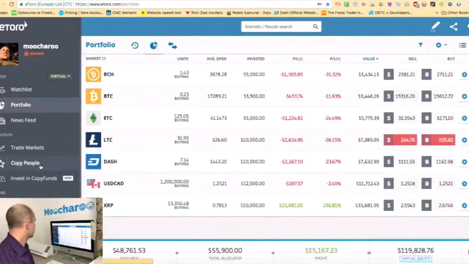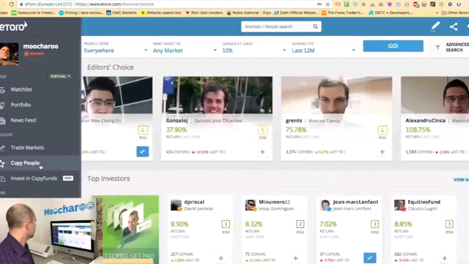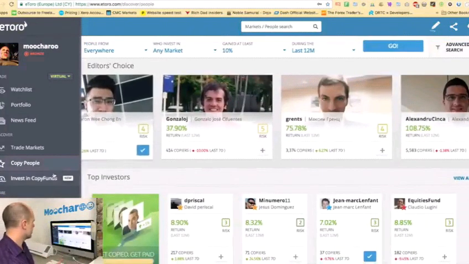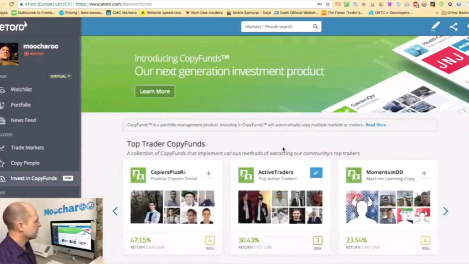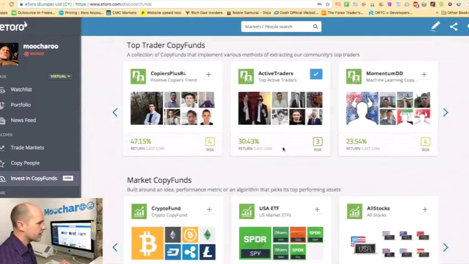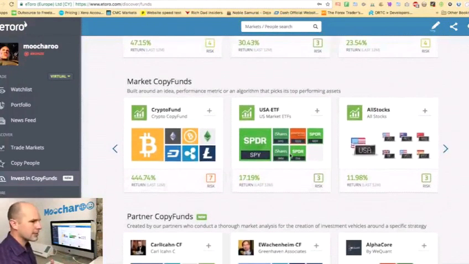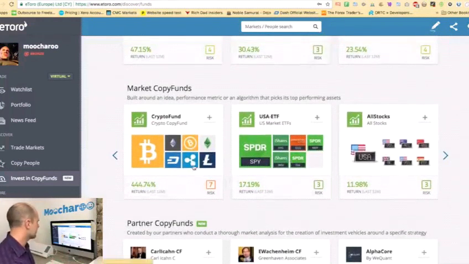So let's have a look. Have we copied any people yet? Okay, copying people, much the same. Investing in copy funds, I think you need $5,000 minimum to invest in these. It's a bit like indices where you have the FTSE 100 or the Dow Jones, but on eToro they've made up their own. So they've got their own little basket of commodities or stocks.